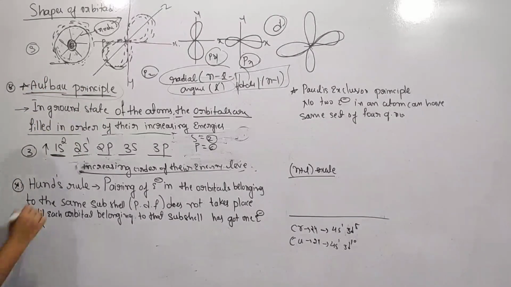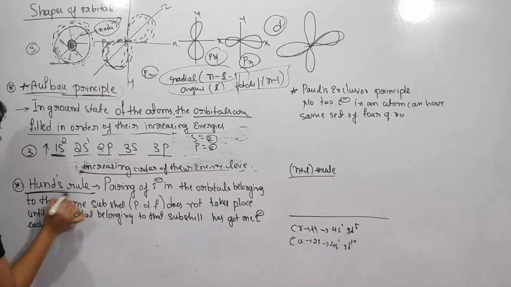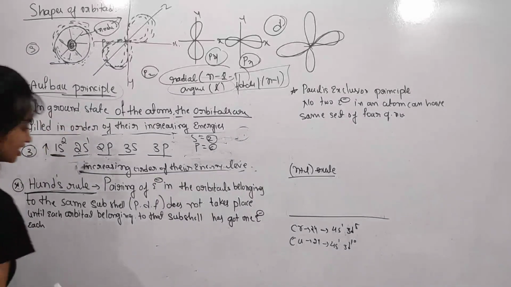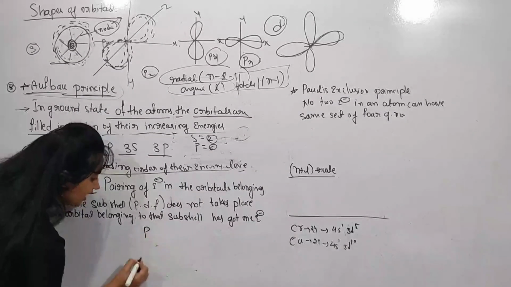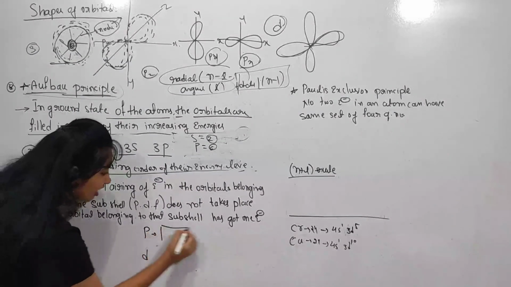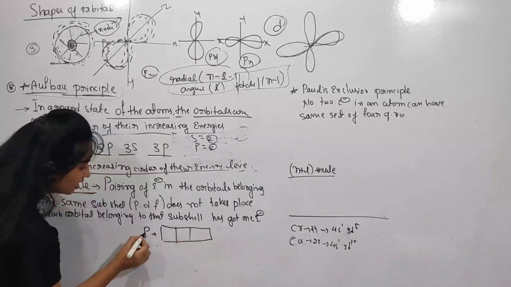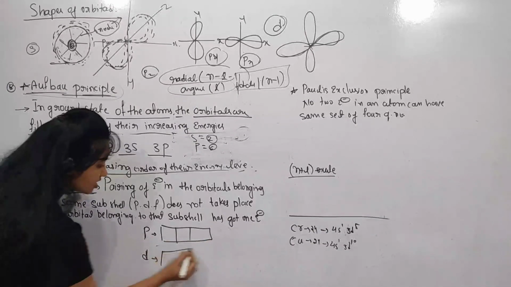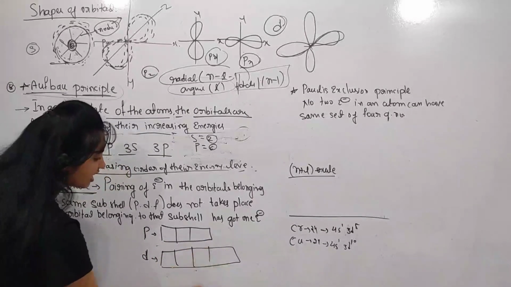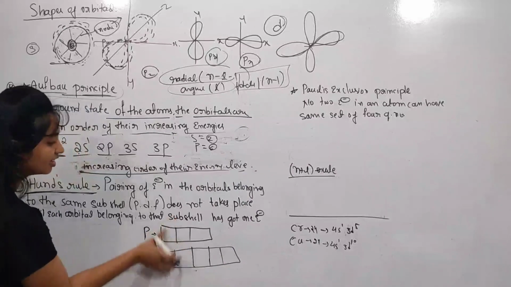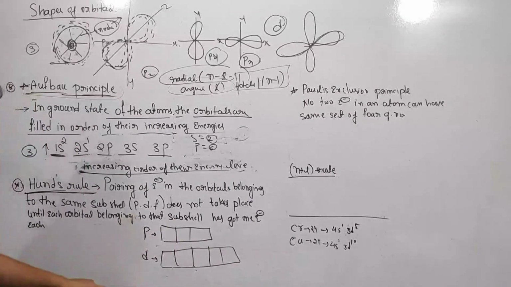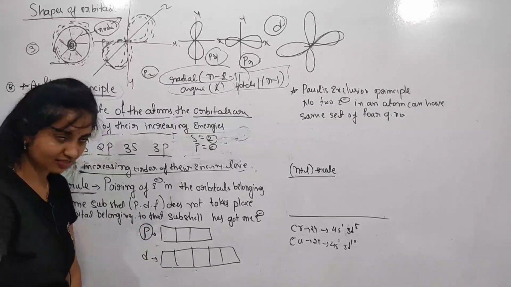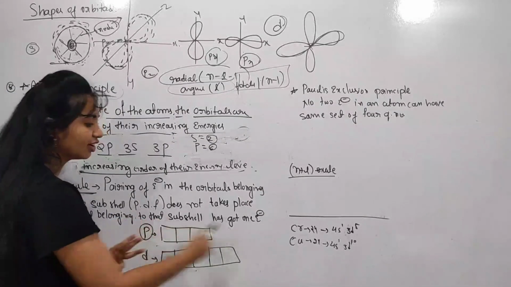The next one is Hund's rule. This rule states the multiplicity of electrons. In the p subshell we have 3 orbitals, and in the d subshell we have 5 orbitals, and these orbitals are degenerate. Degenerate means that in the same subshell, in the same energy level, we have different orbitals.